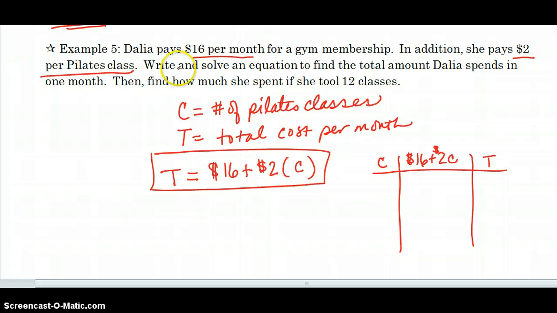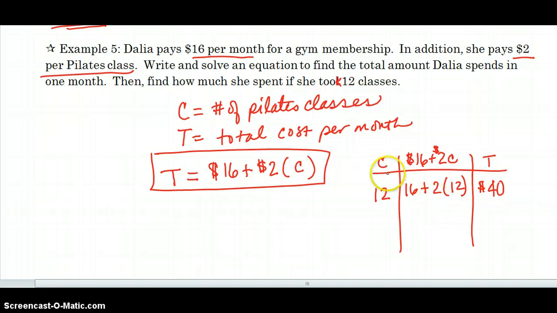So I've made a table, and it says solve the equation and find out how much she spends if she took 12 classes. So if she takes 12 classes, it's going to be 16 plus 2 times 12. 2 times 12 is 24. 24 plus 16, that'll be a total cost of $40.